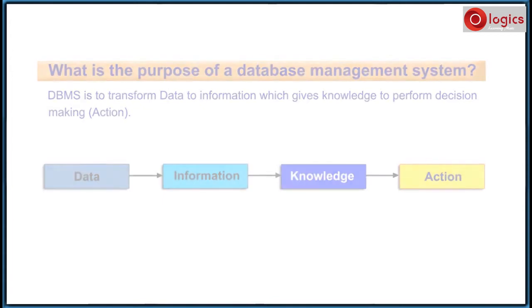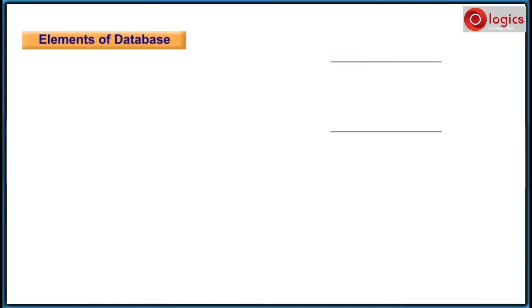Now let us see some elements of database. Database is the collection of related tables. Now let us take one table to describe its elements. This is the database table. Field.